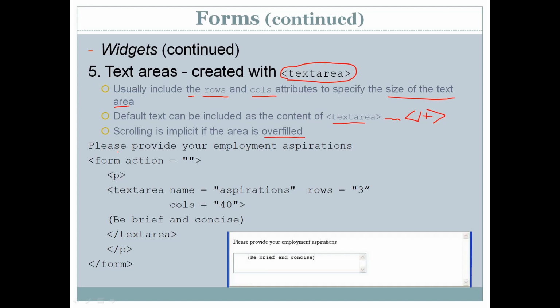Suppose we want a text area. Inside the form you can see how we have created a text area here. Textarea name is equal to the value aspiration, that is the name of the text area, and you can see we have used two attributes, rows and columns.